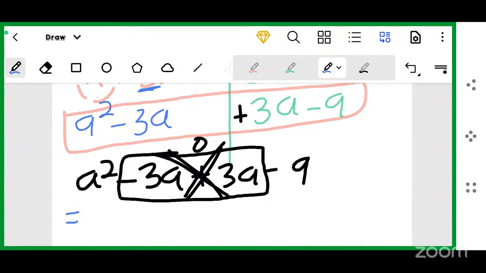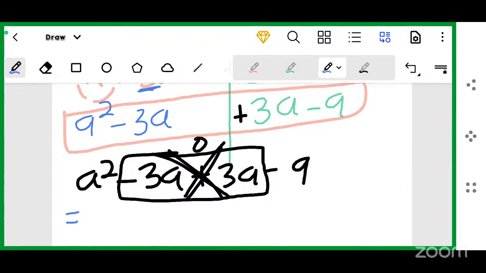What are you going to write there? Ma'am, what is the sign going to be between a squared and 0?